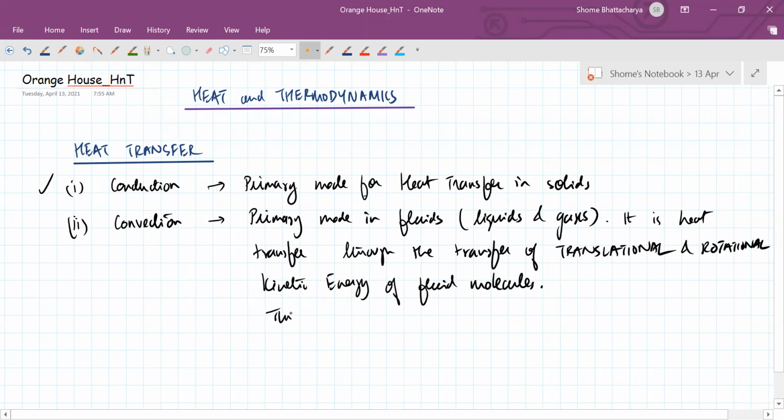This process involves the convection currents.